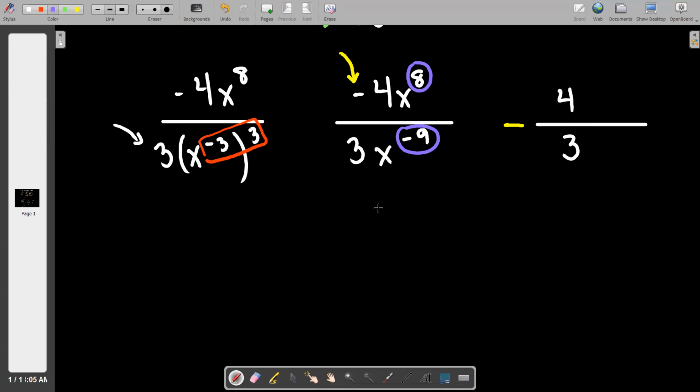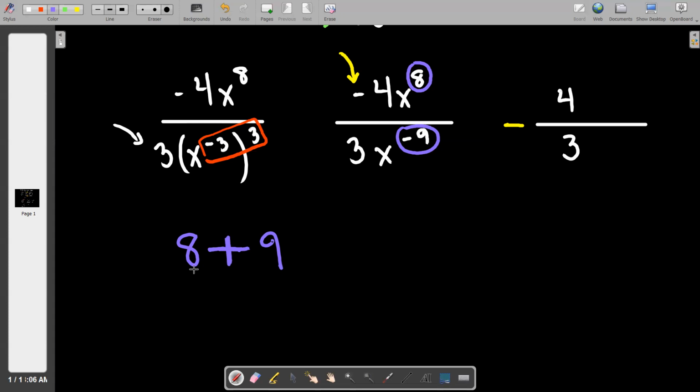Like when I taught you slope back in like November, it's hard to convince people to show their work. It's very quick and easy to just be hasty and say, oh, that's 8, -9, that's -1. It is not. It is 8 minus -9. And of course, then you see it, a minus and a negative touching like that become a plus sign, and 8 plus 9 is 17. So we have x to the 17th.